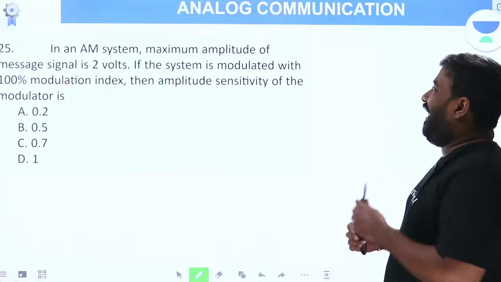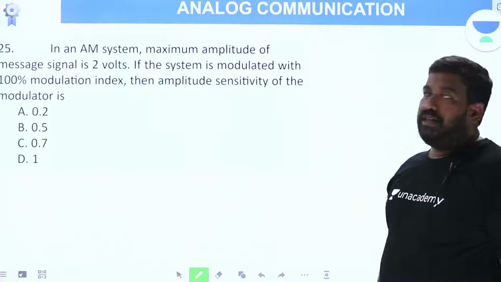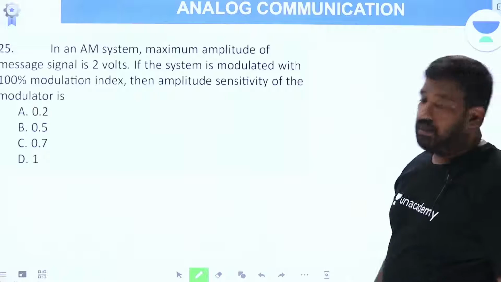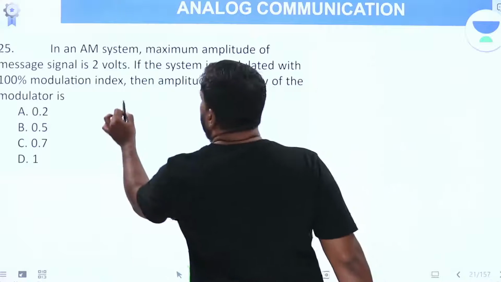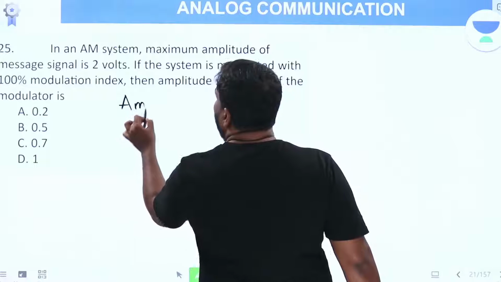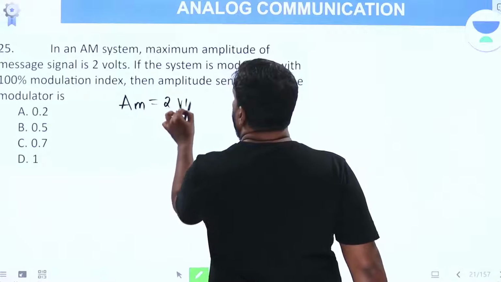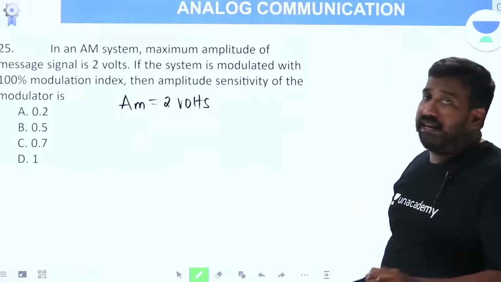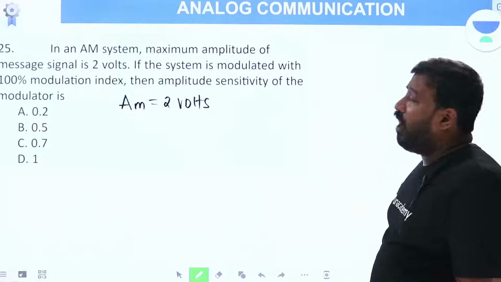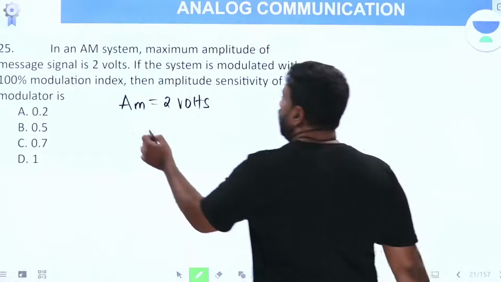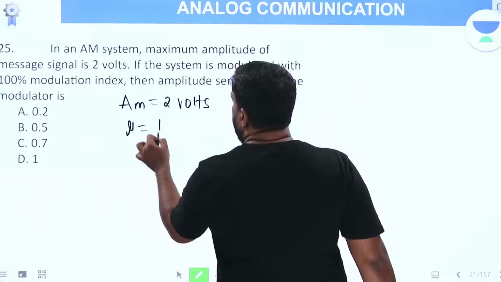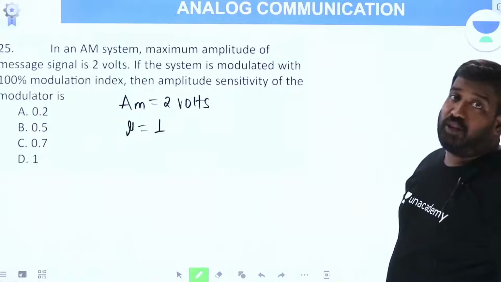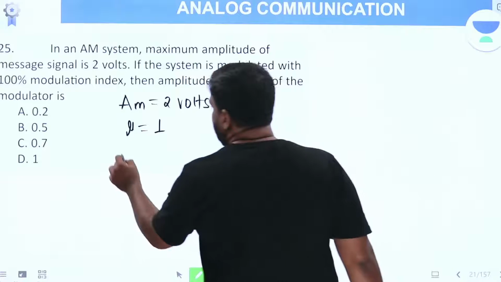Next question. In an AM system, maximum amplitude of AM signal is 2 volt. If the system is modulated with 100% modulation index, mu is 1, then the amplitude sensitivity of the modulator, Ka, is asked.